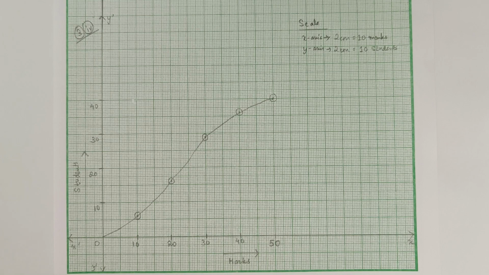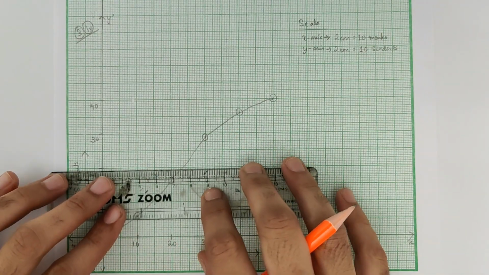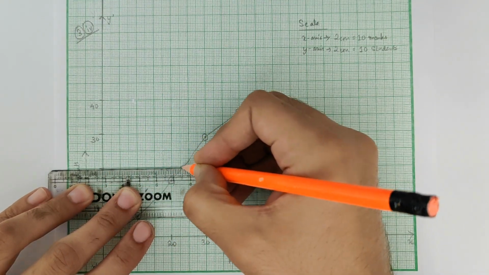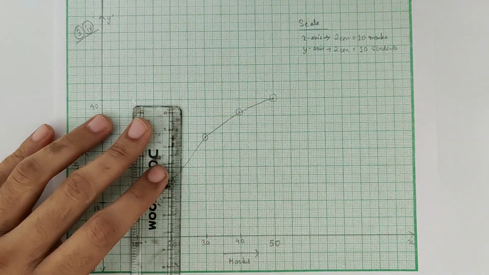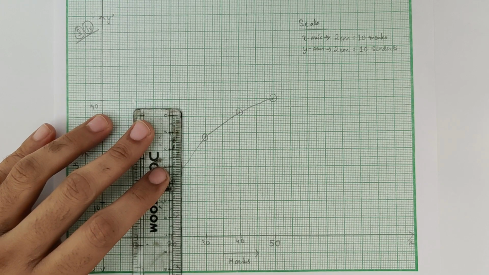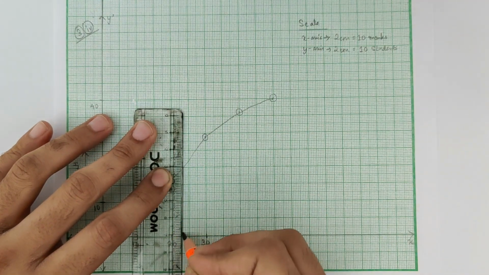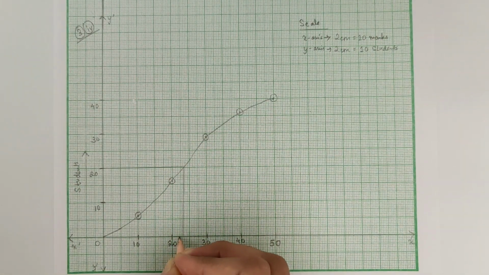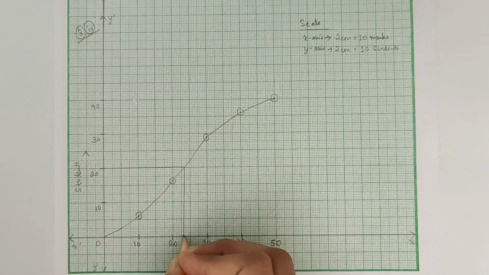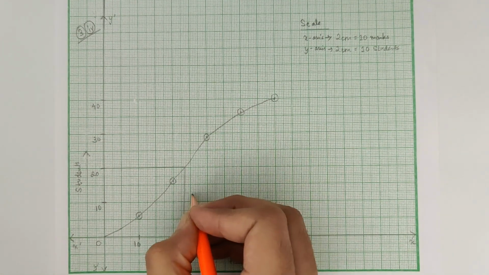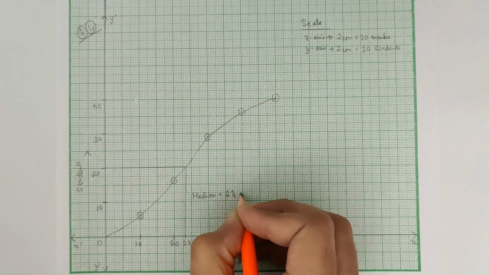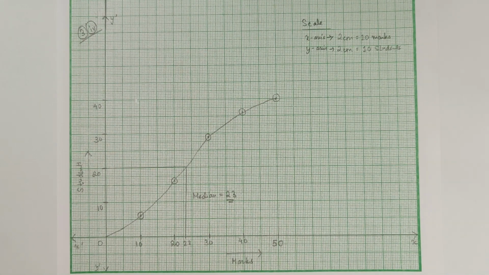Let's take a scale and bring it down over here. So we have 21, 22, 23. So guys, the median is equal to 23. Simple. Now we will move on to the next question.